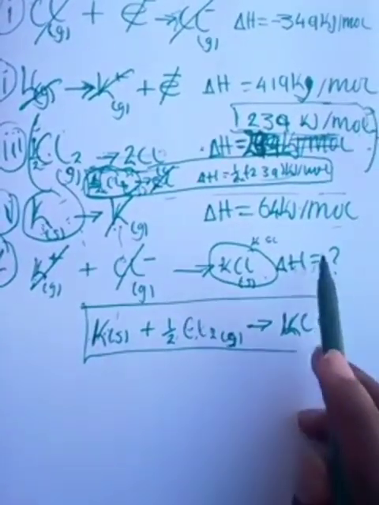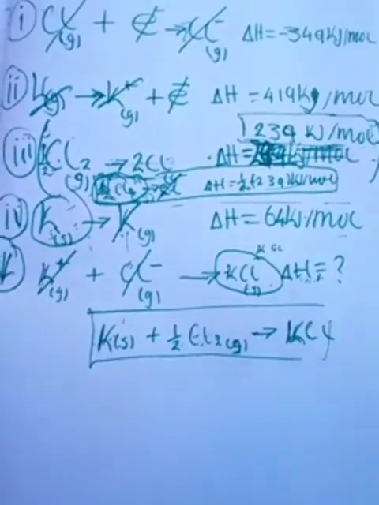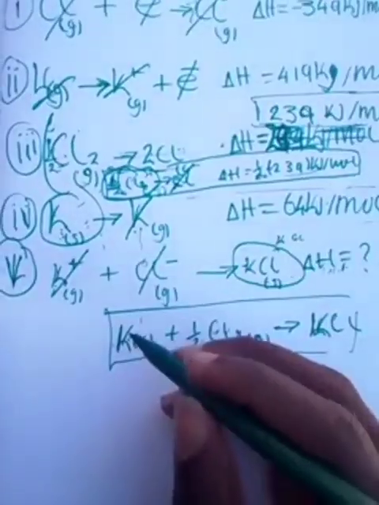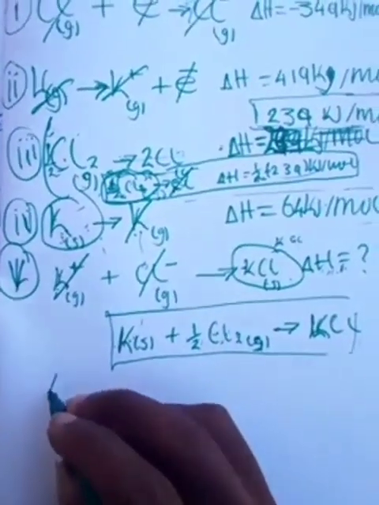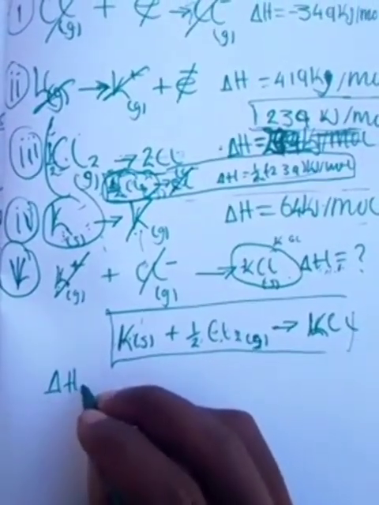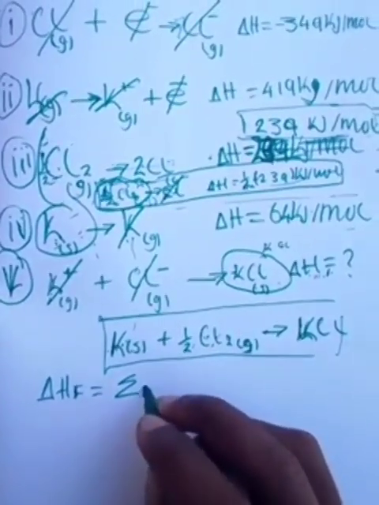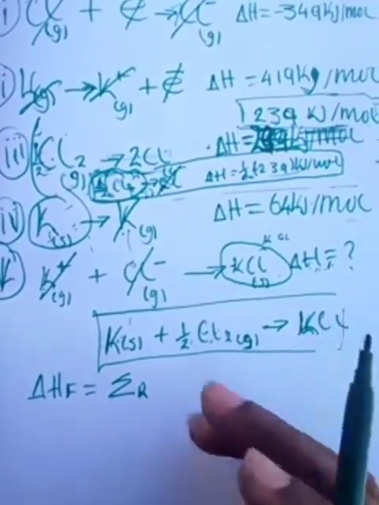Now we still need to find the lattice energy, but how do we find the lattice energy? There is this formula that you need to understand. Lattice energy, enthalpy of formation is equal to the sum of all the reactions that are available.